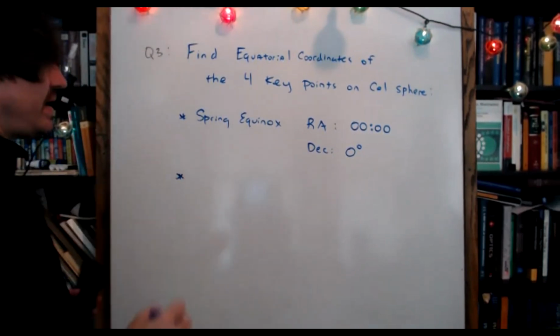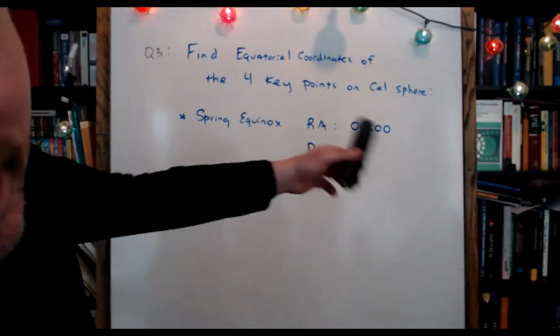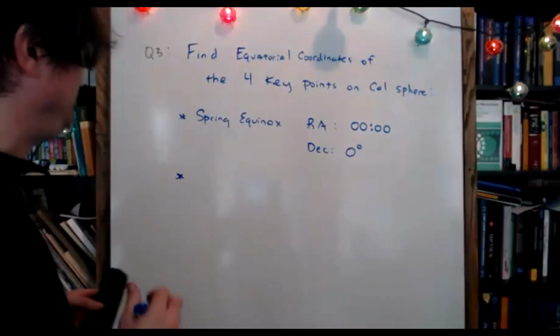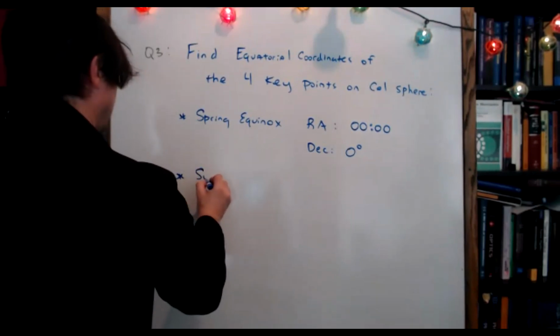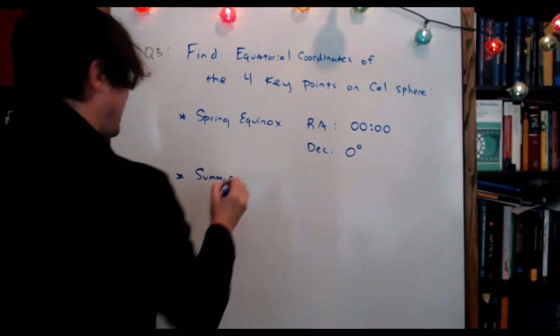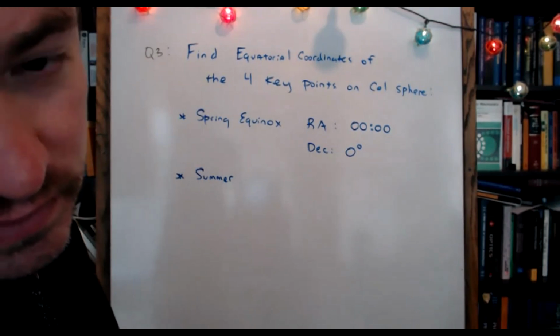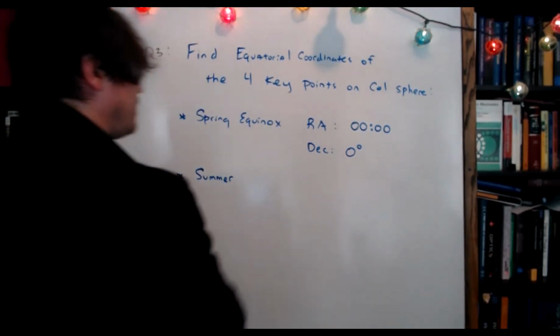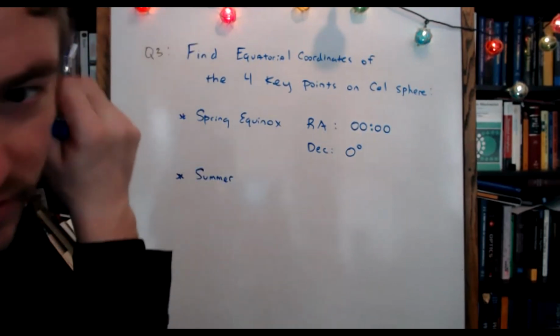Just 4 numbers, like 1801, 1805, something like that. Okay, that's cool. Usually in right ascensions, you put a colon in.